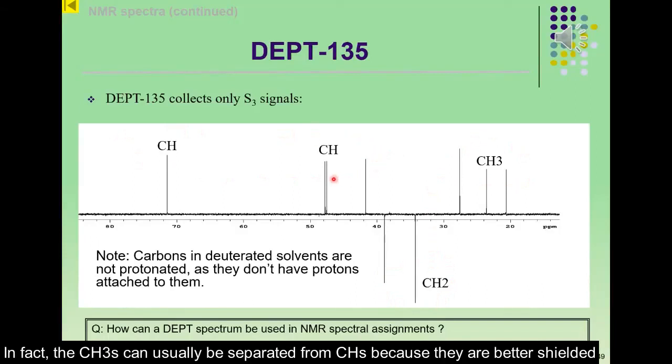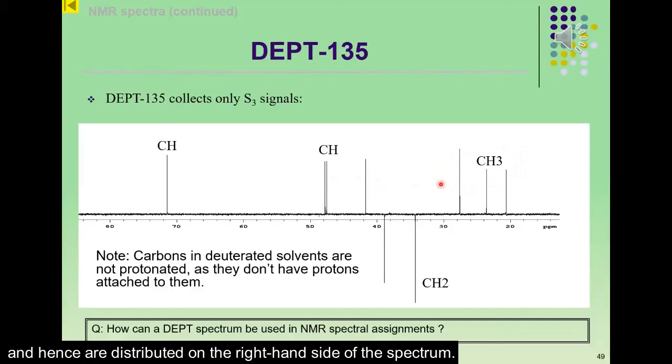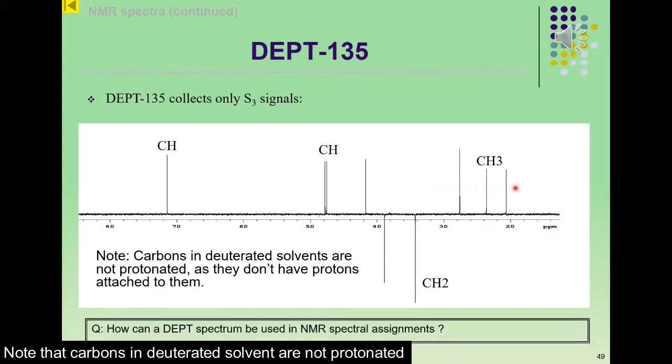In fact, the CH3s can usually be separated from CHs because they are better shielded and hence are distributed on the right-hand side of the spectrum. Note that carbons in deuterated solvents are not protonated, as they don't have protons attached to them, and hence they are not in the DEPT 135 spectrum.